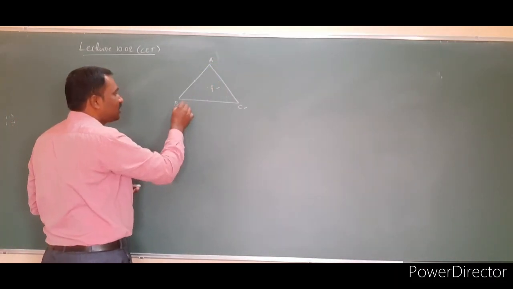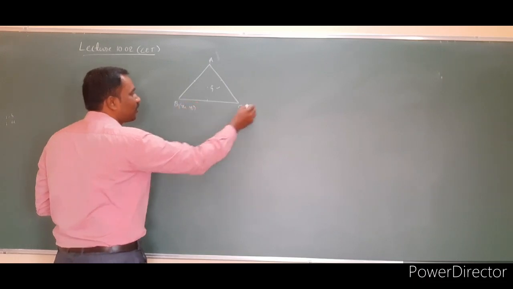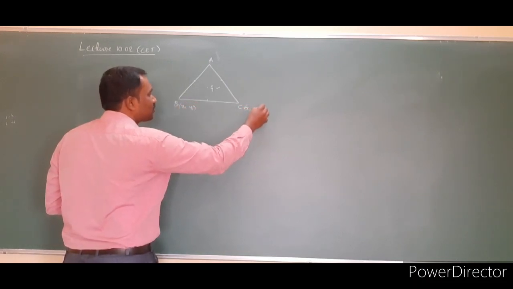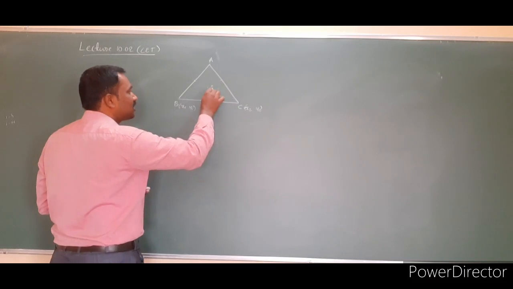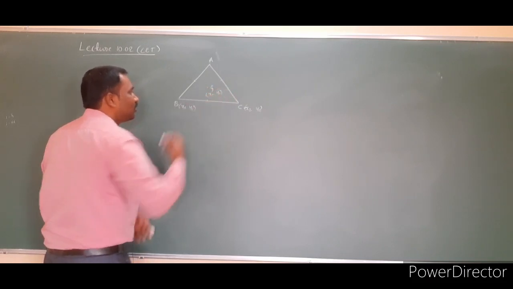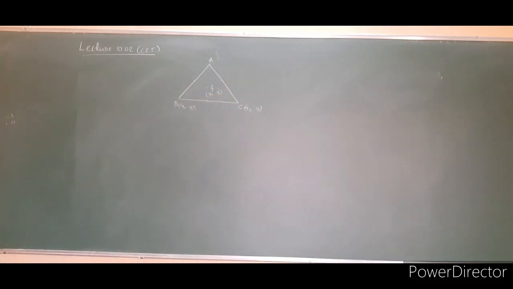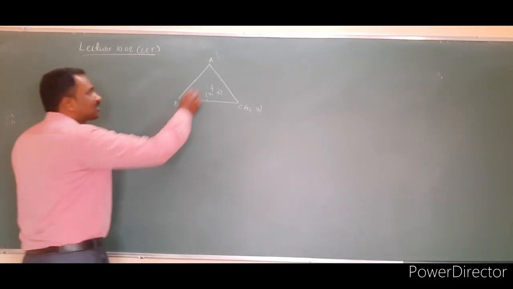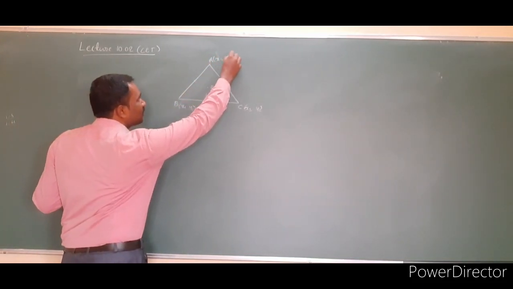I just name the points: this one as x1, y1, this one x2, y2, and the centroid as x0, y0. We are required to find the coordinates of A, which I call x3, y3.